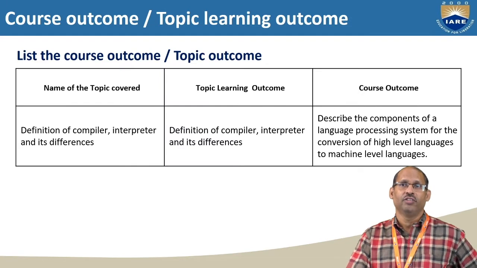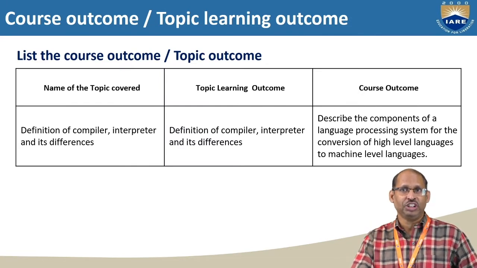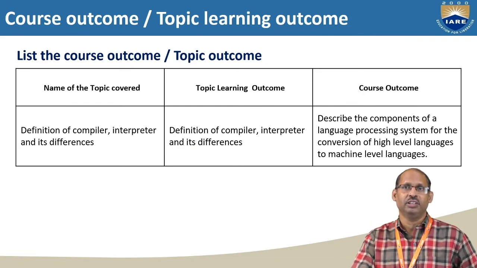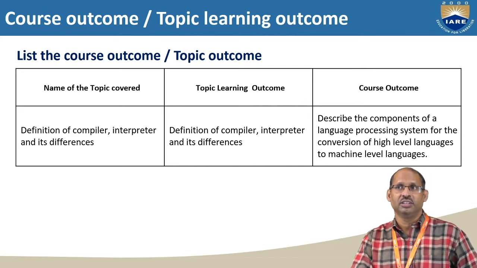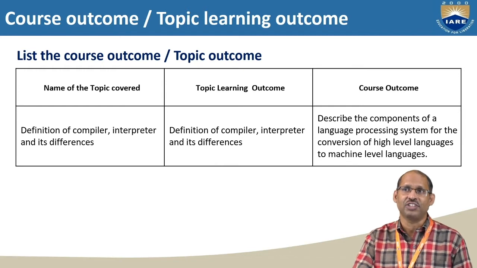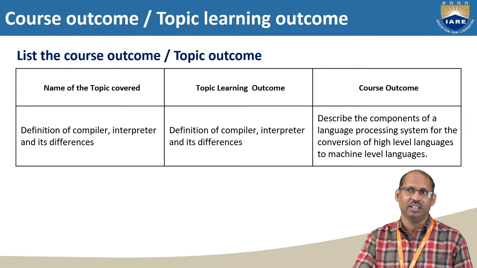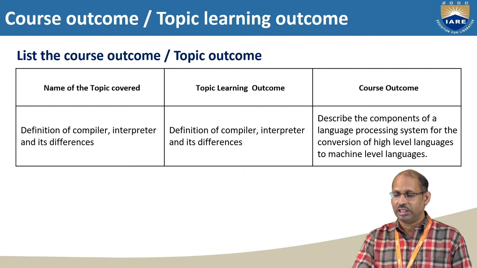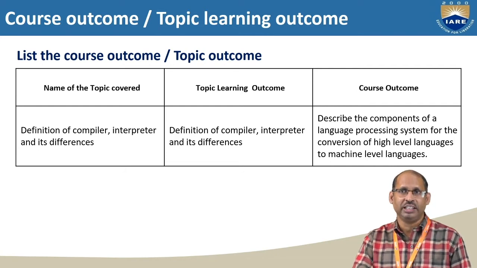So here we'll discuss definition of a compiler, interpreter and its differences. So what is the outcome here? Describe the components of a language processing system for the conversion of high level language to machine level language. Here compiler design is our subject.